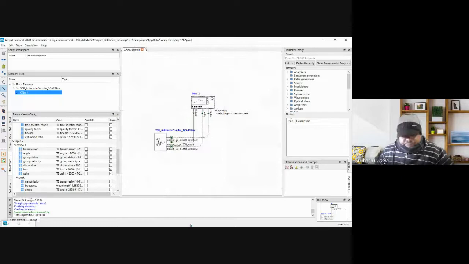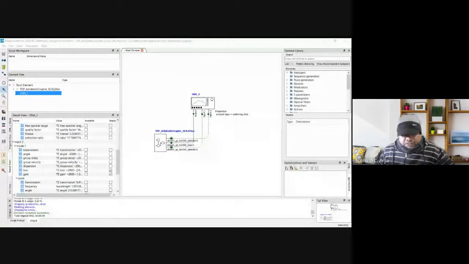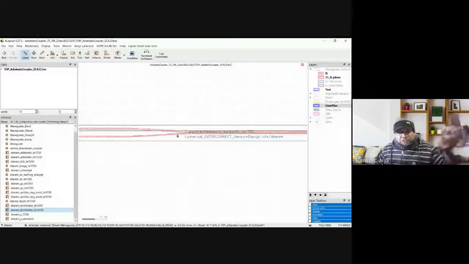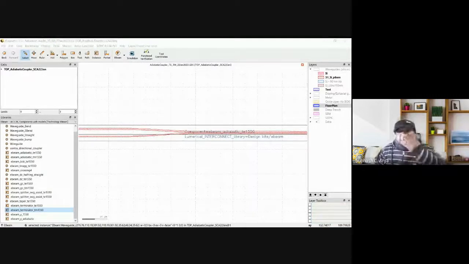Now let me check if anything more is there. What we can do, go to window, and here is the TE mode. Select rescue cell parameter. So it is the waveguide notes.